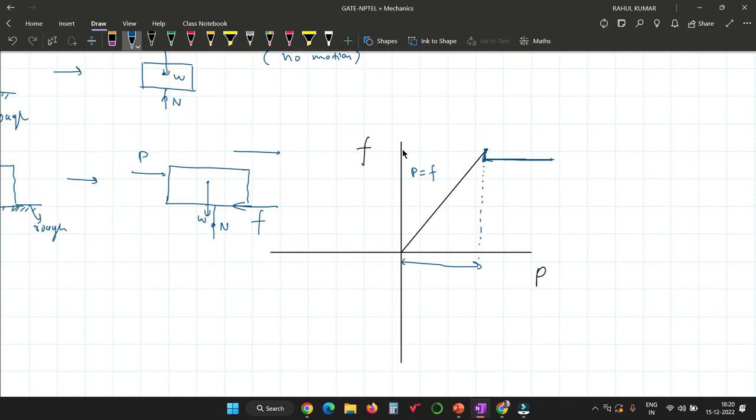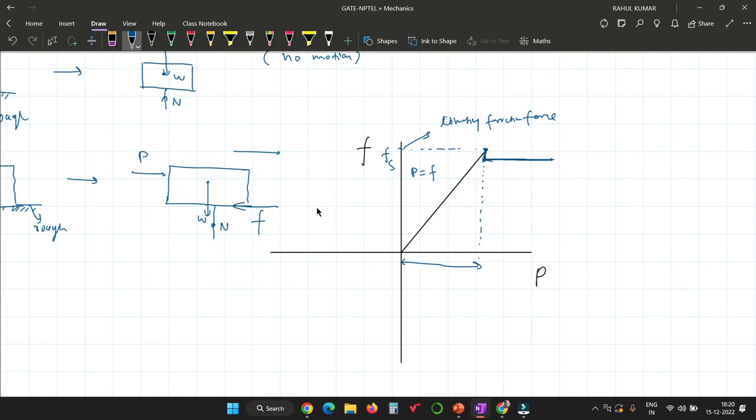This limit is called the limiting frictional force, and you will denote it by Fs. This is also called the maximum frictional force.